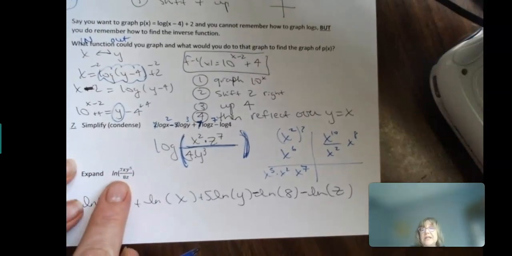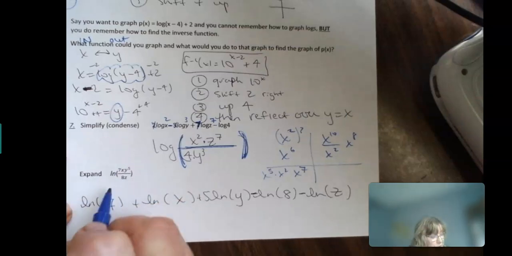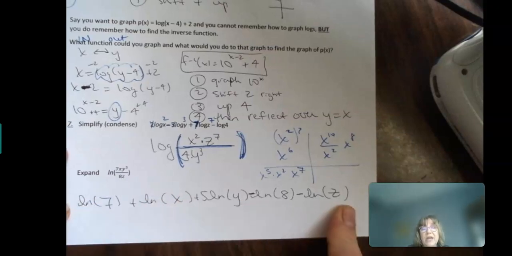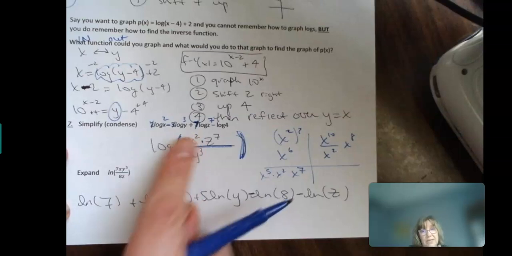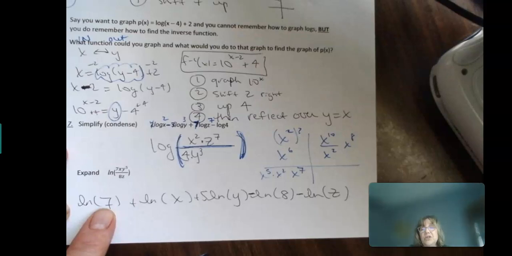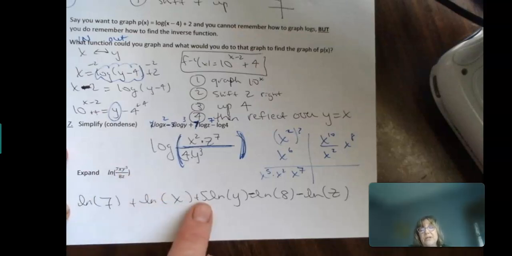All right. If you're expanding, count how many things you have, coefficients and variables, the whole bit. So I have 1, 2, 3, 4, 5 things. So I'm going to write natural log 5 times. When you condense, you get 1. Here, I need 1 for each little thing. So 7 is in the numerator, positive, because I'm adding. X is in the numerator. Put it there, 5.